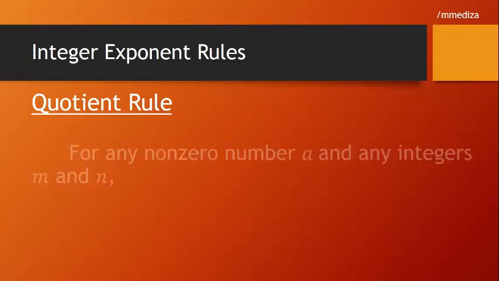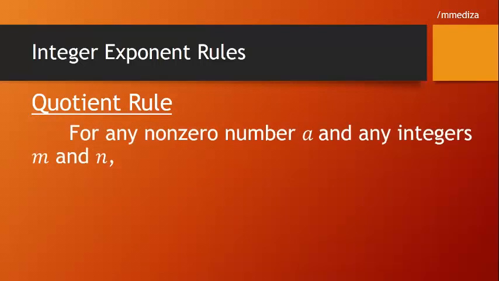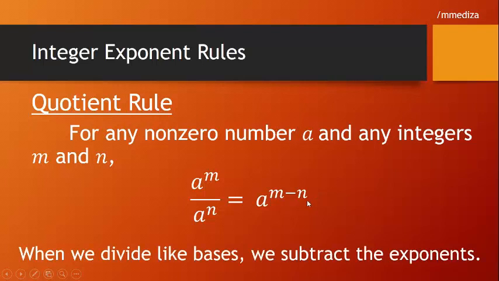For any non-zero number a and any integers m and n, a raised to m over a raised to n can be written as a raised to m minus n. When we divide like bases, we subtract the exponents. Notice also that the term in the denominator can be written in the numerator by changing the sign of its exponent.